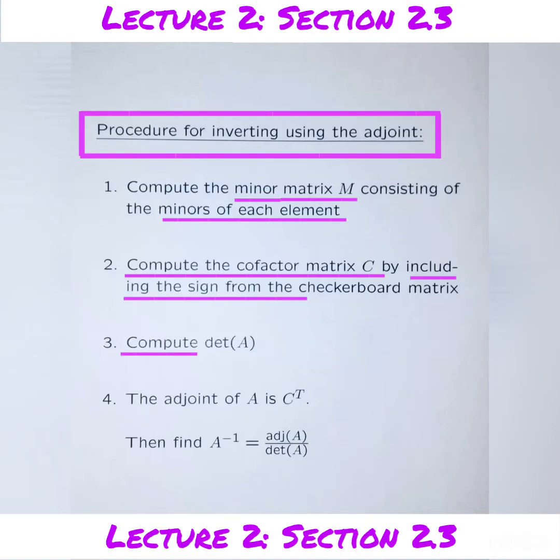Then you compute the determinant of the matrix A, and you throw all those things together and calculate the adjoint of A, which is the transpose of the matrix you obtained in part 2. Then it's simply a question of substituting into your formula and getting the inverse of A.